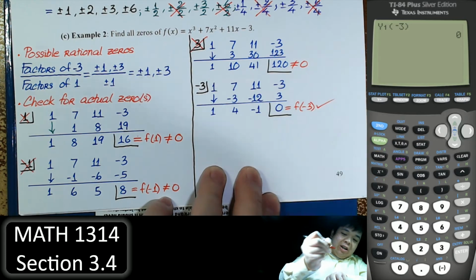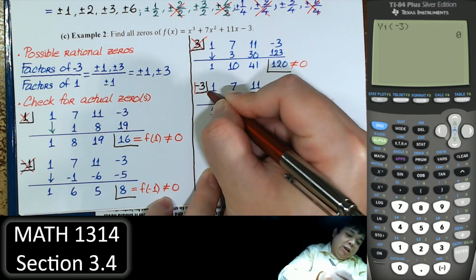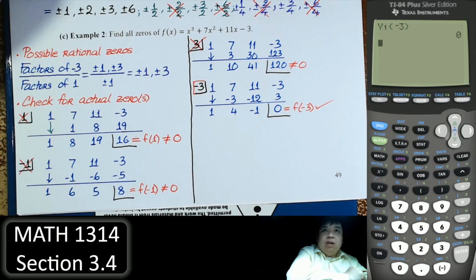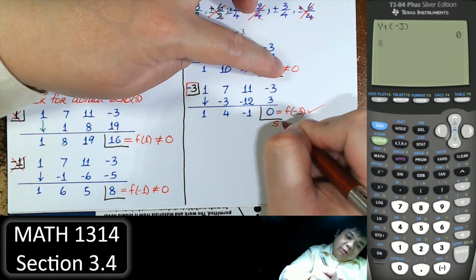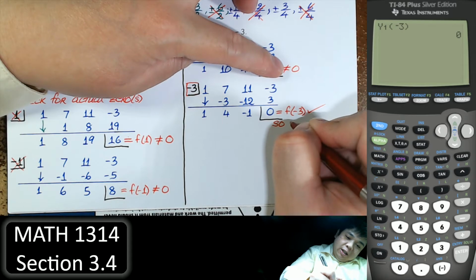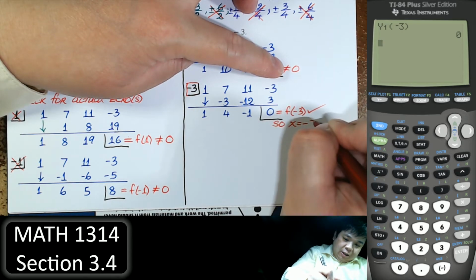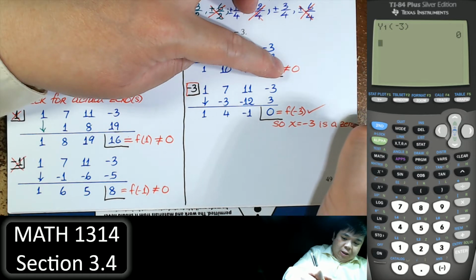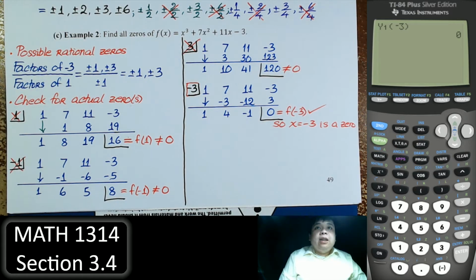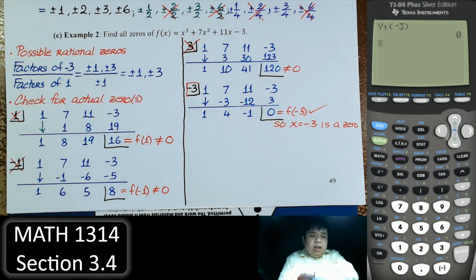That means negative 3 is a zero. And of course, then we need the rest to be easy.